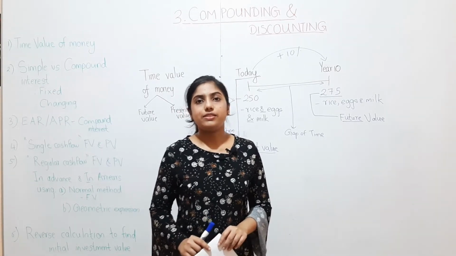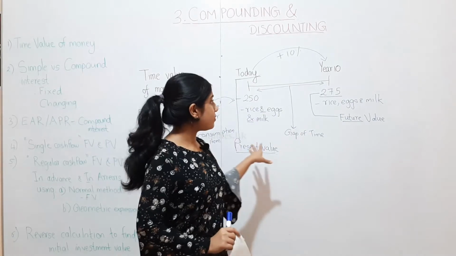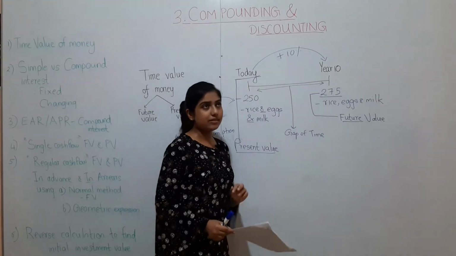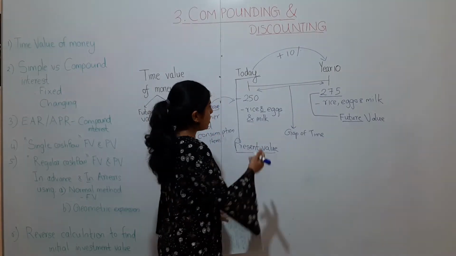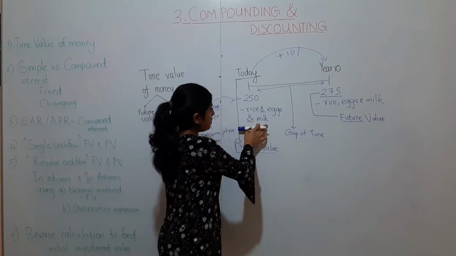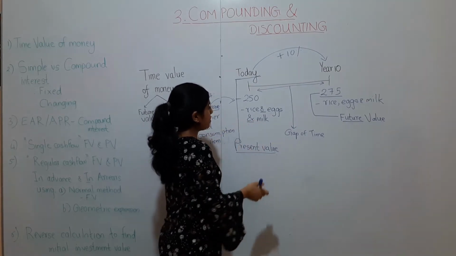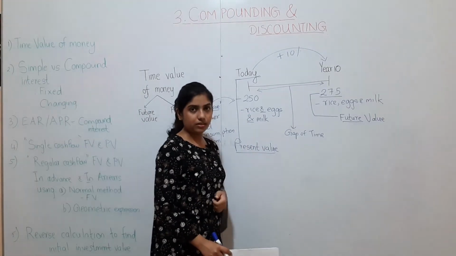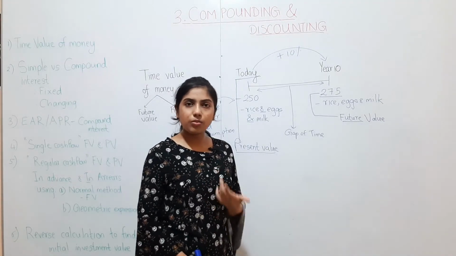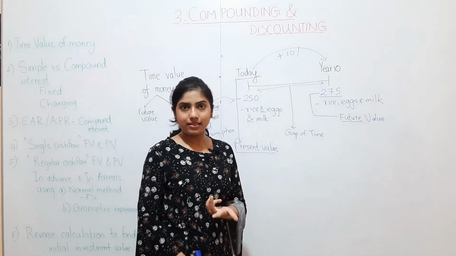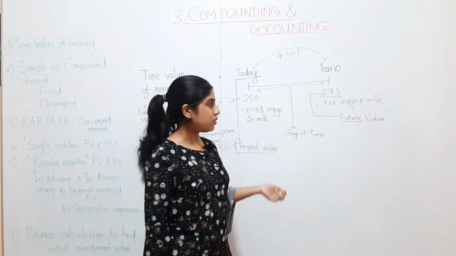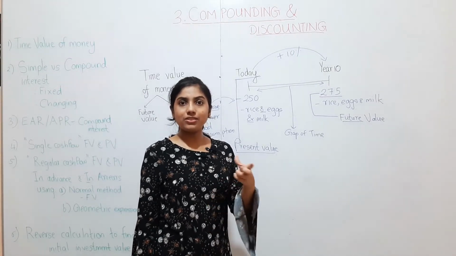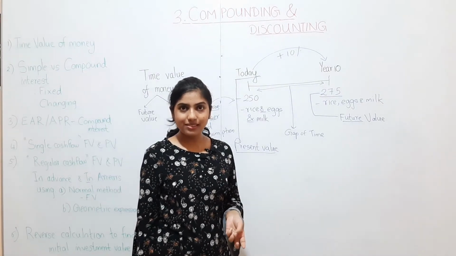Alright, so how it affects time value of money means you're taking a risk. Let's look at it like this. You spent 250 rupees to buy something. But if you didn't buy, you could have put your money in the bank. Let's say it's 2,500 rupees. Then the money in the bank will give you interest in 1 year. Right?